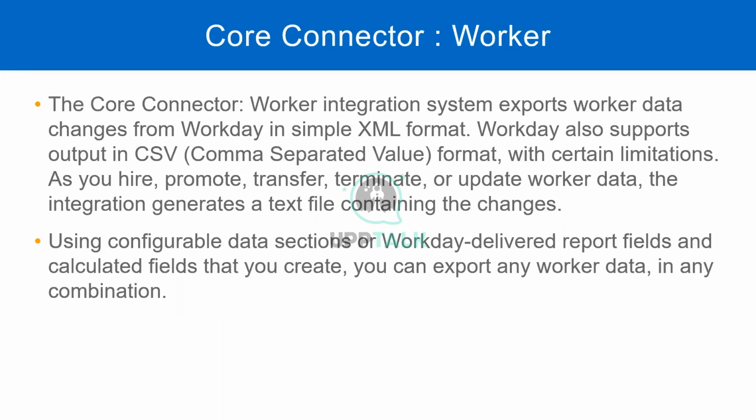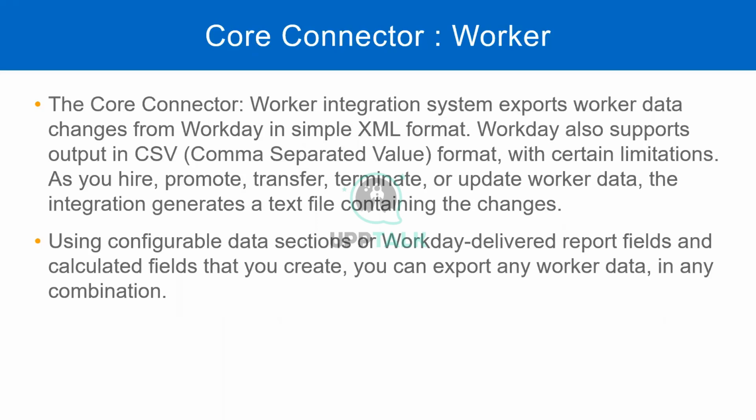Typically, when you create an integration and exchange data between one system, let's say Workday, and an external system, would you always send all the data for everything? All workers, all changes, all information? Maybe the first time you will do it, where you send all the information.